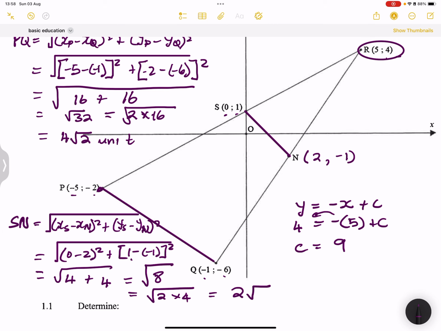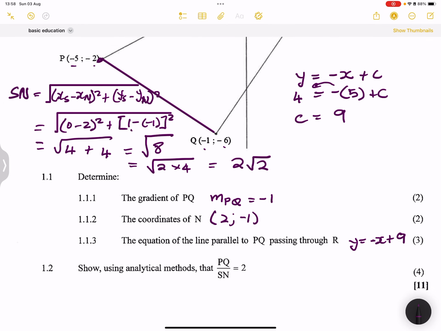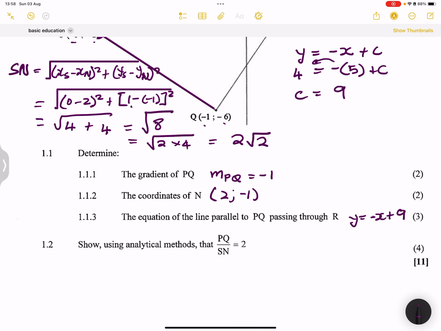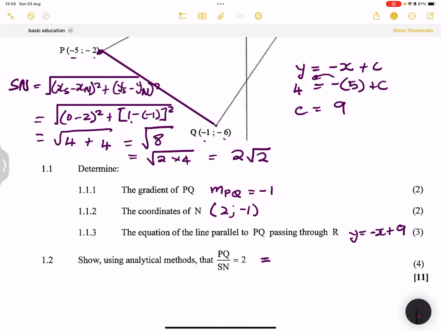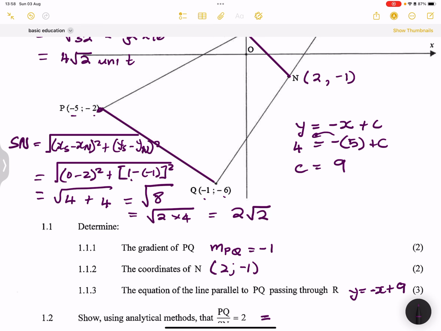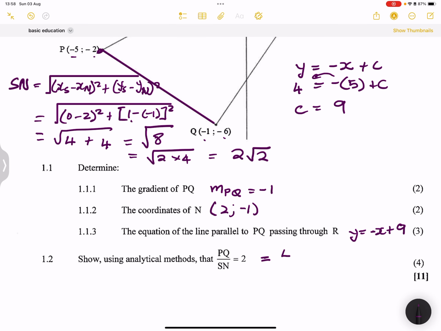Now, if we take that ratio and say, what's the length of PQ? We said that's 4 root 2, divided by 2 root 2 units.